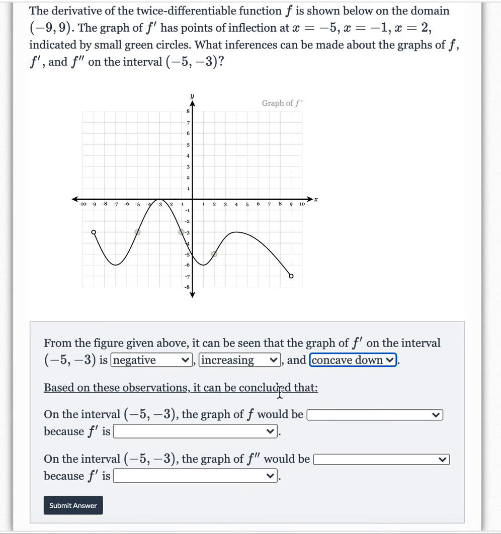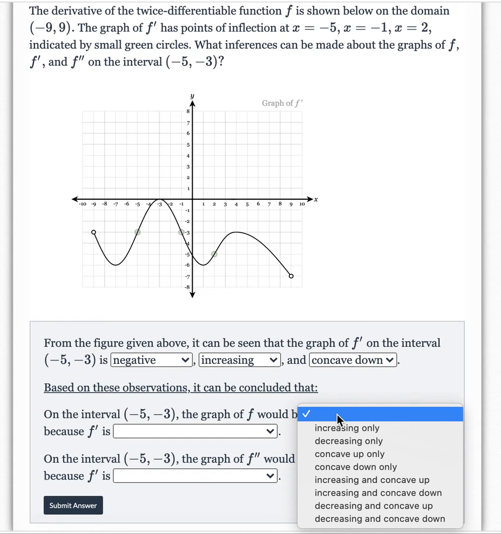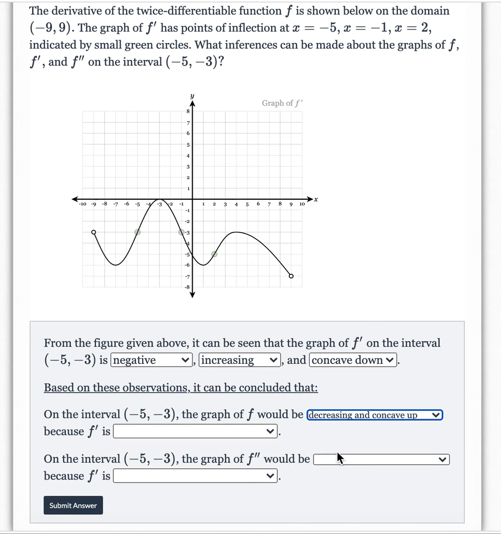Now, based on these observations, on the graph of f, so not this picture per se, but on the graph of f, we would say that it is decreasing and concave up. Well, how do you know that?